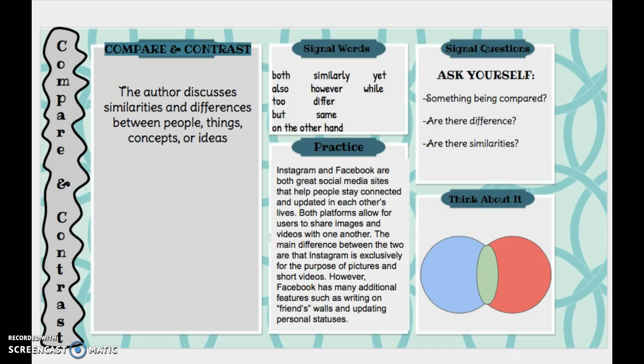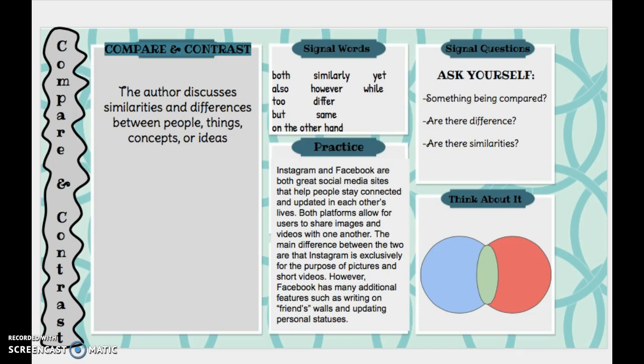Some examples of signal words for this particular type would be similarly, differ, also, same, both. On the other hand, any of those are definitely going to be signal words. So if you see that within a passage, that is basically telling you there's a good chance that this is a compare and contrast. If you notice at the bottom there, it says think about it. This would be the visual or the graphic organizer to organize any kind of facts from the text.